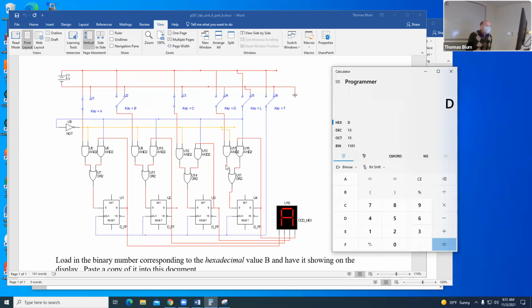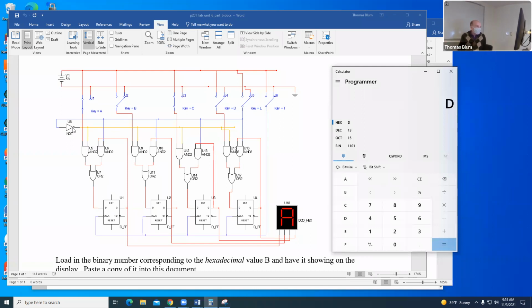This thing is a mux. It chooses where the data is coming from, and I want the data to come from the switches. If I want to bring in a value from the switches, I want to choose the switches. That yellow line there is connected to the NOT. So I want L to be low.